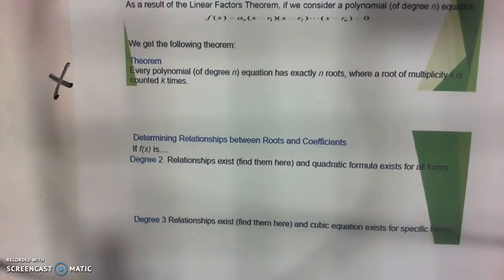So then we're going to talk about some of the relationships between the roots of a quadratic and the roots relationship in a cubic. So I've got that on another whiteboard.